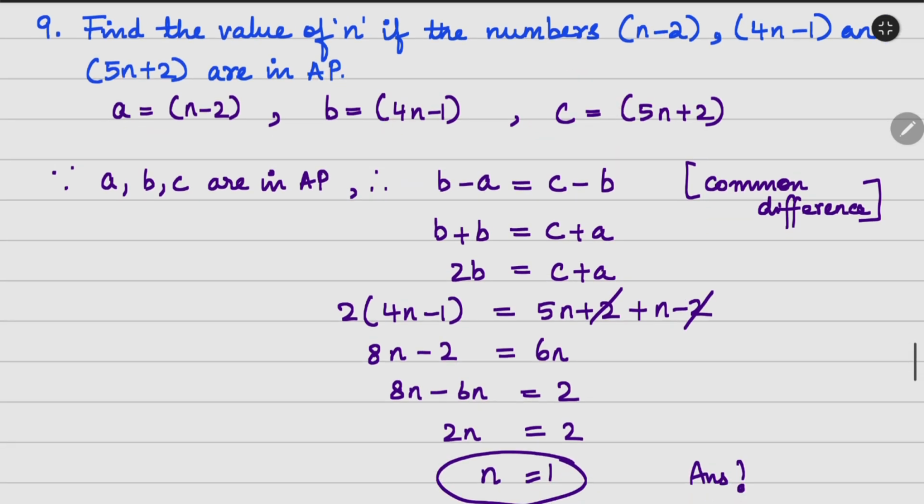Okay, so because the common difference is the same in an AP, therefore we are just finding the difference. So B minus A will be equal to C minus B. Rearranging the terms, you are taking all B to one side, C plus A. Substitute the value of B, C and A and find out your n. N is equal to 1. So if you put n equal to 1 here, you will be getting an arithmetic progression or an arithmetic sequence.